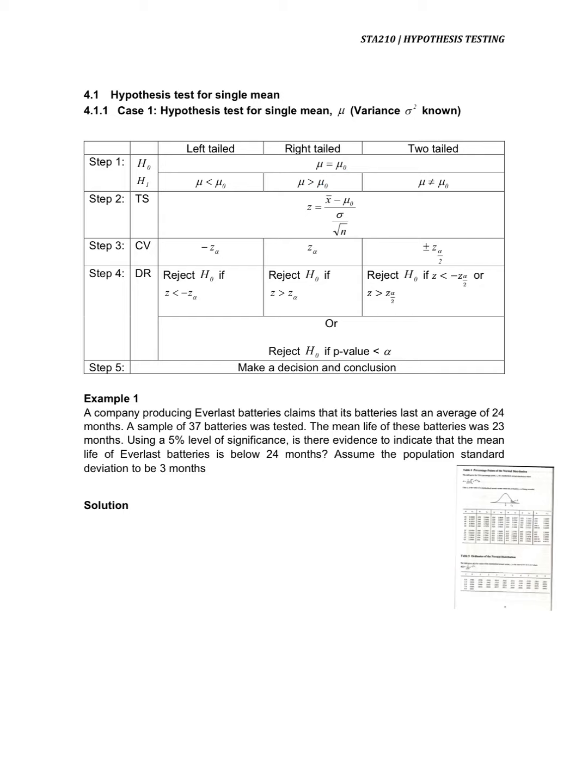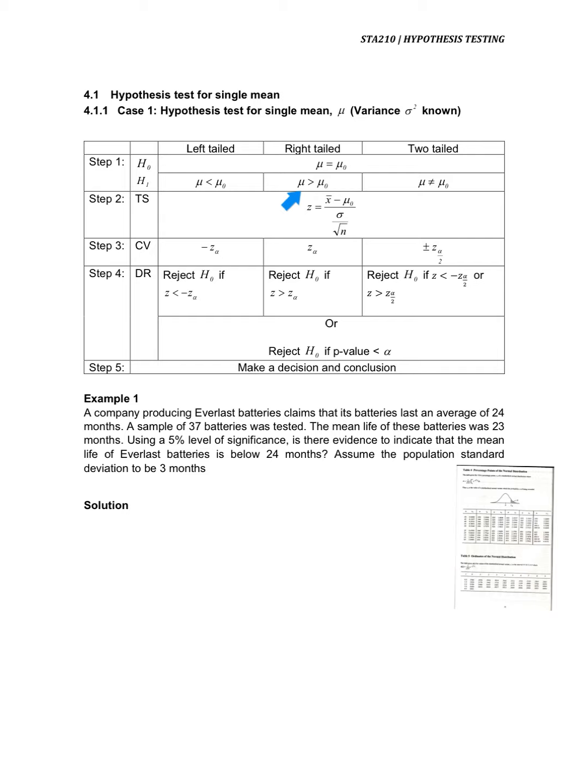But for the alternative hypothesis, or H1, there are 3 types of statement that can be written, referring to either left tail, right tail, or two tail. If left tail, you write your alternative hypothesis as mu less than mu naught. Mu naught here can be any number, as I mentioned before.